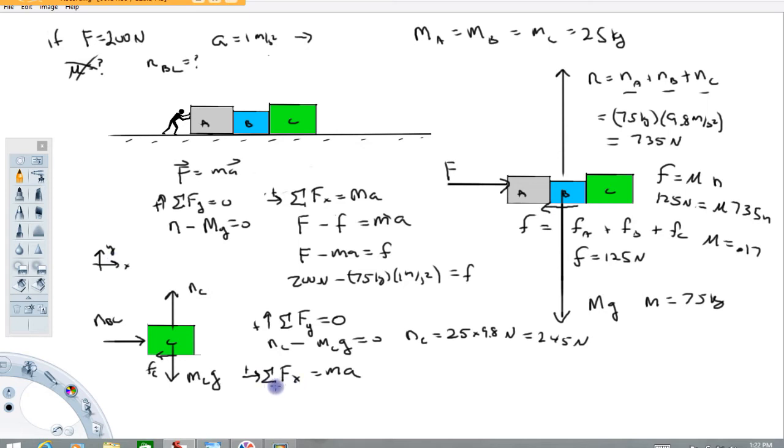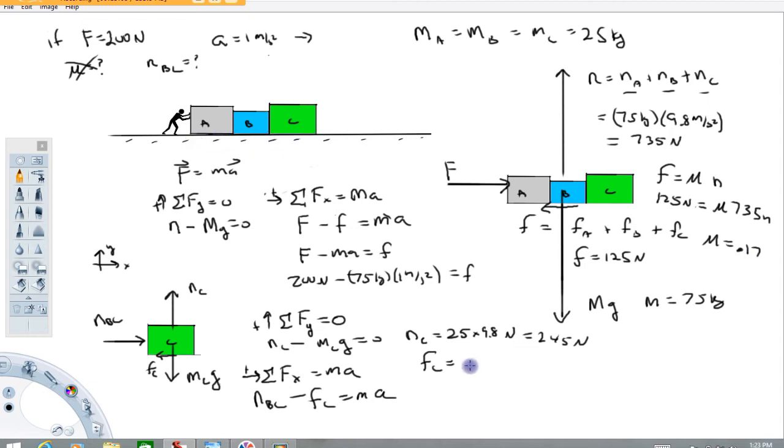To write our force equation, we look at our free body. We've got this force to the right, normal BC, this force to the left, equals m times a. Now, this frictional force we can calculate because the coefficient of friction, there's probably no reason to believe it changes from surface to surface.